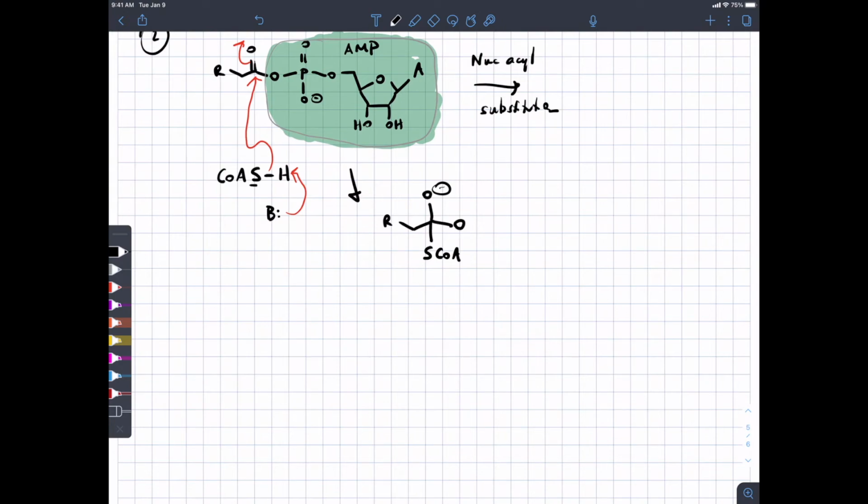And then I'm just going to put AMP here. Then electrons kick down and kick off the AMP leaving group to give you now your fatty acid thioester plus AMP. Okay, see what's going on there? Just regular carbonyl chemistry, nucleophilic acyl substitution.